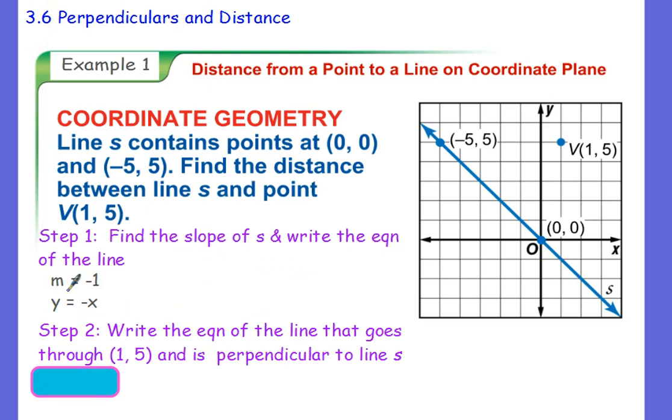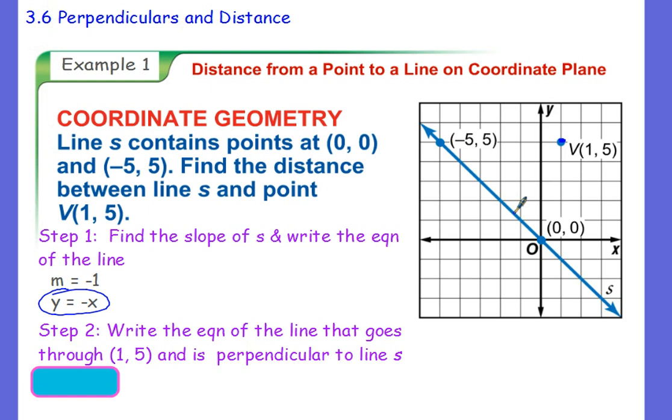Okay, so right here, here's the equation of our line. Now, step 2, we want to write the equation of the line that goes through this point they gave us and it's perpendicular to this line, right? Because we want that perpendicular distance between them. So let's find the equation of the line that goes through this point and it's perpendicular to the line that we just found.